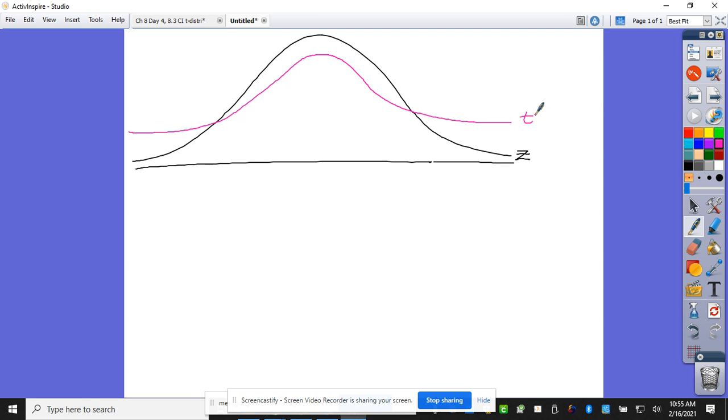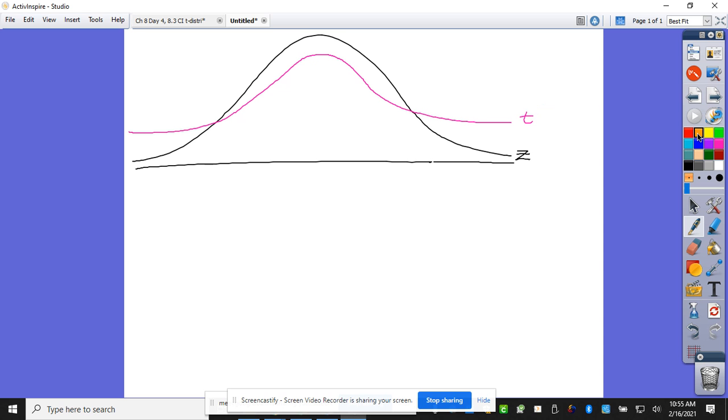But a t distribution compared to a z distribution, it doesn't matter if we're dealing with means or proportions, what our numbers are. Our z distribution follows that black curve every single time exactly the same way. A t distribution changes with every single different n.